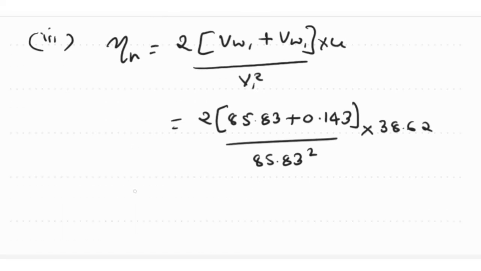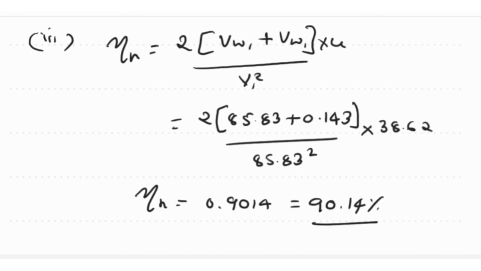So you should solve it. You will get hydraulic efficiency eta H as 0.9014, that is equal to 90.14 percentage. So this is the hydraulic efficiency.